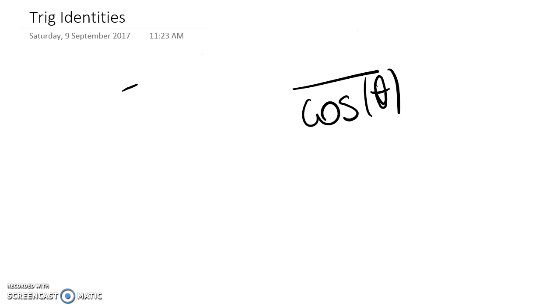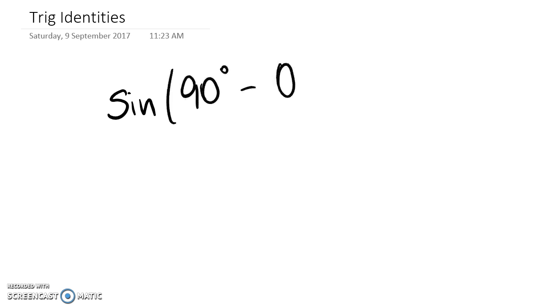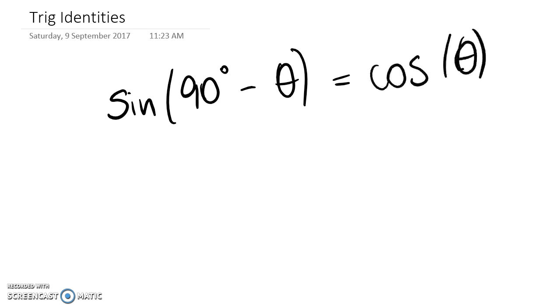The next trig identity that we're going to talk about is sine of 90 degrees take away theta is equal to cos of theta.